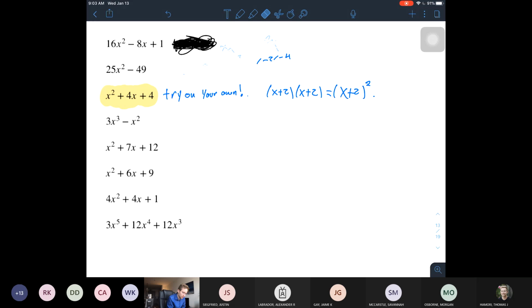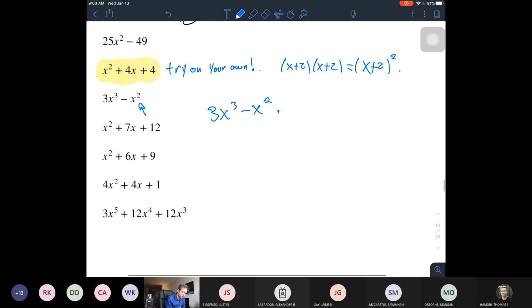All right. One more that I want to talk about is this one here. If we've got 3x cubed minus x squared, the way we're going to factor this is by taking out a factor of what we call a GCF, greatest common factor.